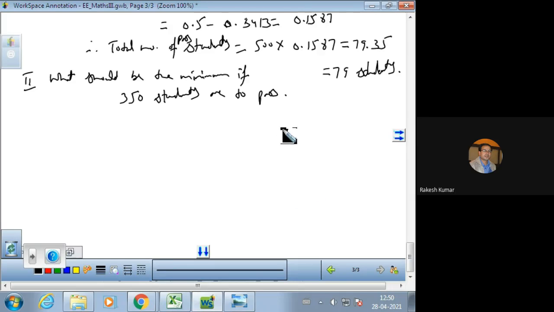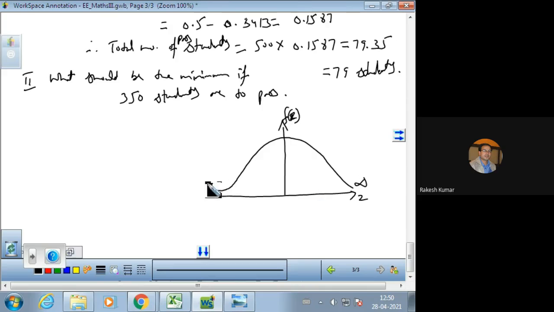For this, we have to draw the normal curve again. So plot the normal curve. This is z, this is f of z here, plus infinity. This is negative infinity. And this is the mean position. Total number of passing students is 350. So we can calculate the probability: 350 students are to pass out of 500, so the probability comes out to be 0.7.